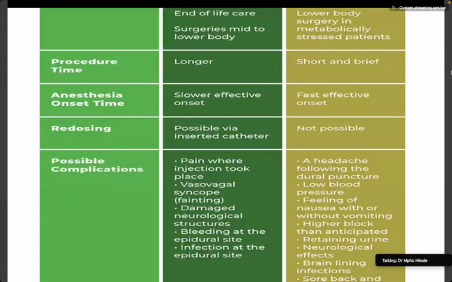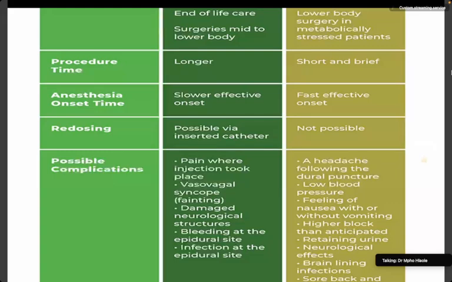The onset time with epidural is a slower effect, because most of the time your drug is a bit more diluted and it takes a bit longer to start acting. And your spinal has a fast, effective onset.